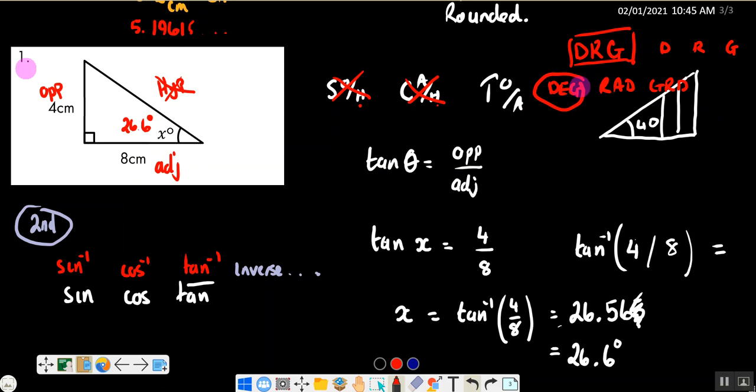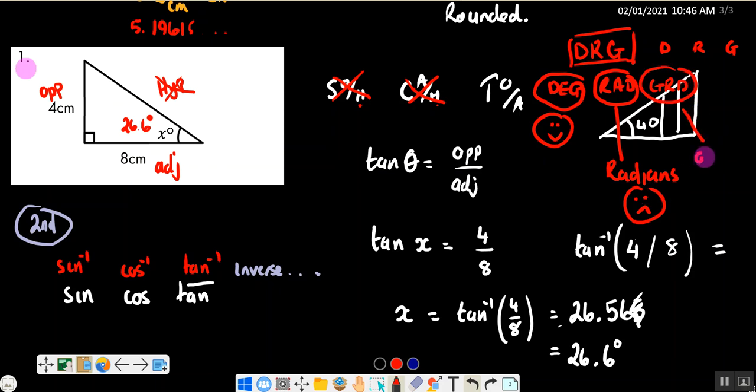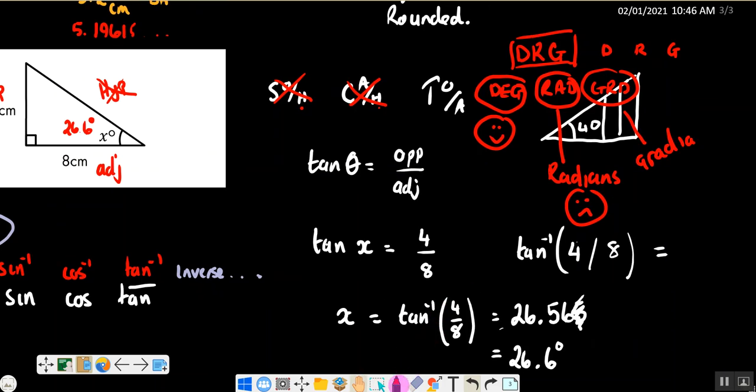Do you know what they stand for? DEG, degrees. RAD, radians. Radians are another way of measuring angles.